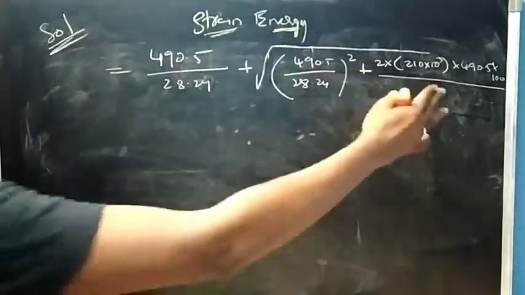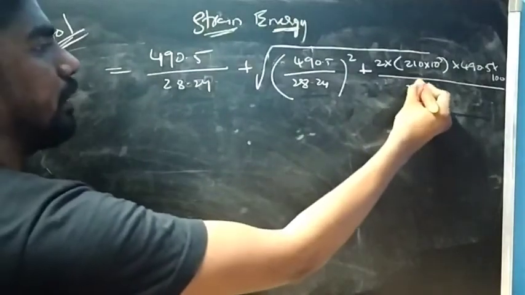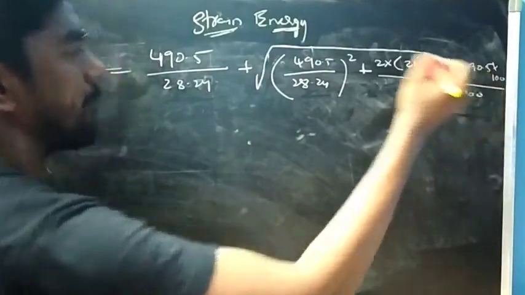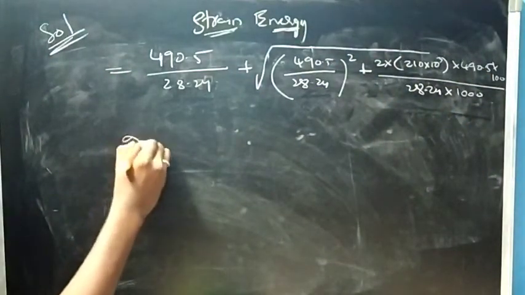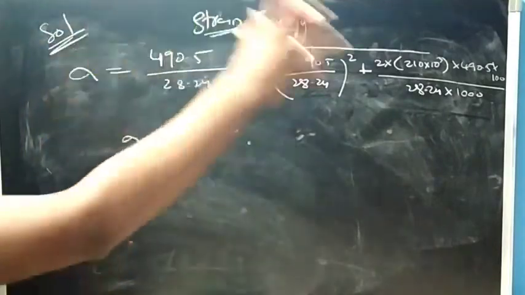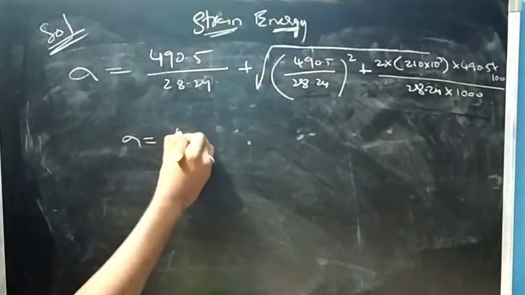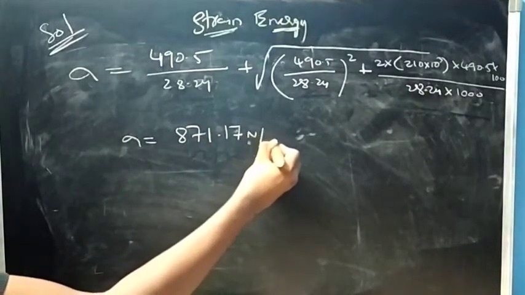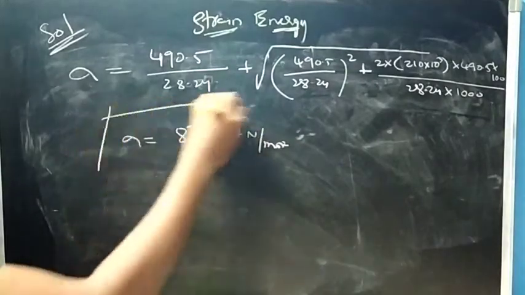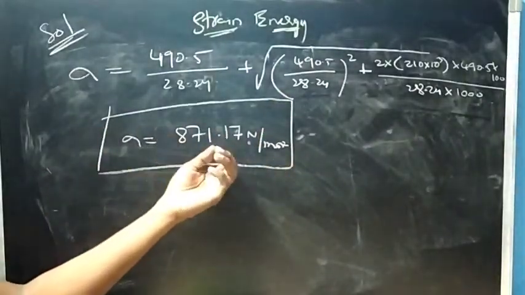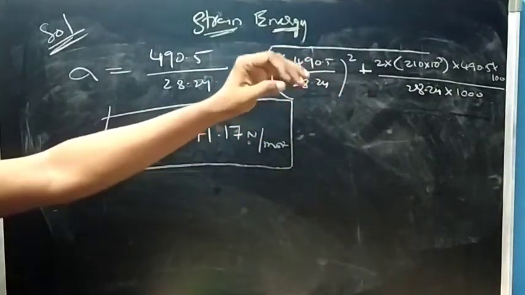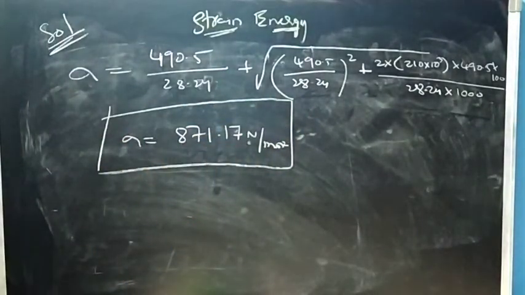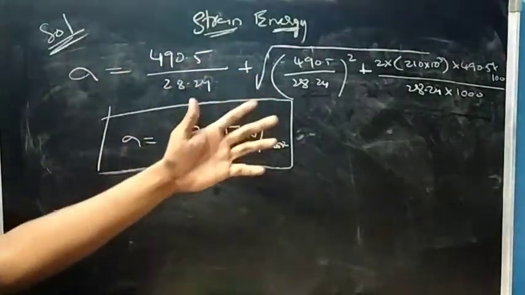That is the height, 100 is the height, upon 28.27 into 1000, that is the length. Put all the stuff in the calculator, we will get 871.17 Newton per mm square, right? If any numerical mistake, please ignore that. If you want to check, please check and comment below. So this is how you can find the impact stress, right?